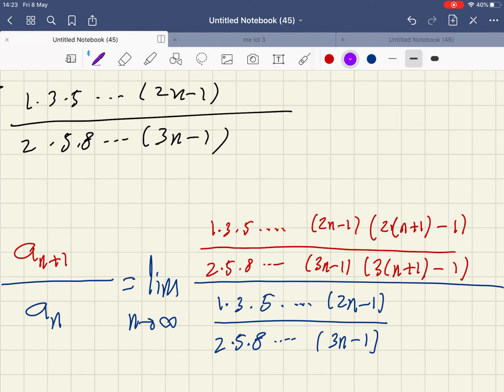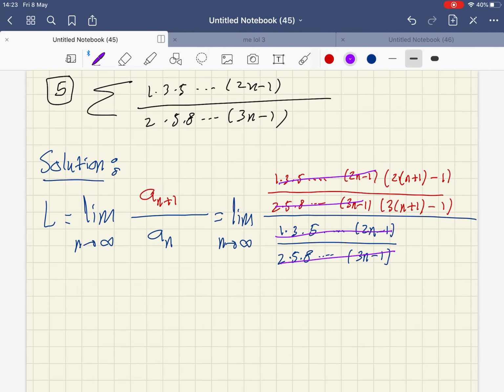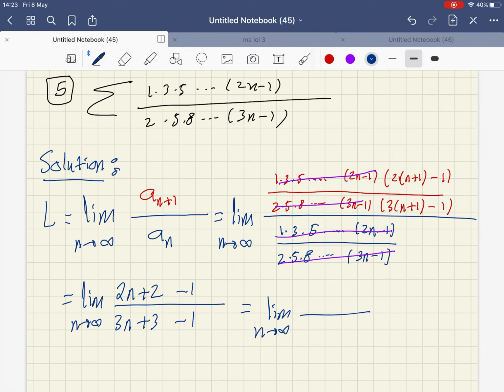The cancellation is this one as a whole with this one, and finally we get 2n plus 2 minus 1 over 3n plus 3 minus 1, which is the limit as n goes to infinity of (2n+1) over (3n+2), and the final answer is 2 over 3, less than 1.